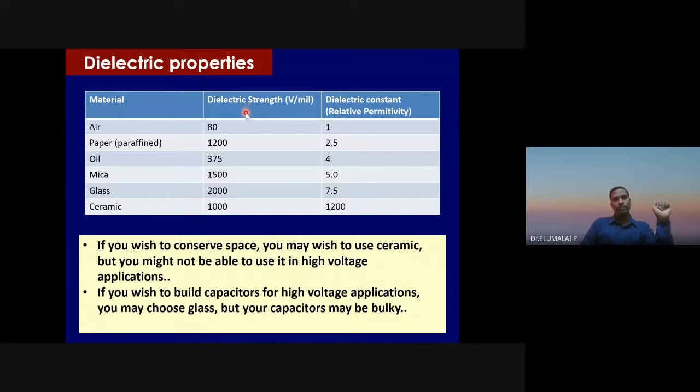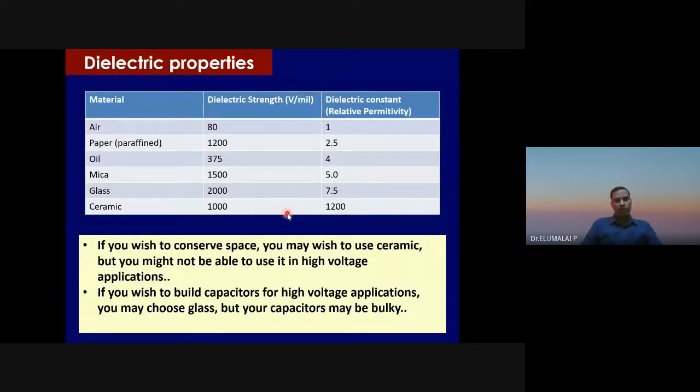Obviously, oils and mica undergo breaking or damage at lesser voltage compared to glasses. That's what it means. So, larger the dielectric strength, larger the charge storage we can have. The dielectric constant is a dimensionless quantity, whereas the dielectric strength is volt per meter.